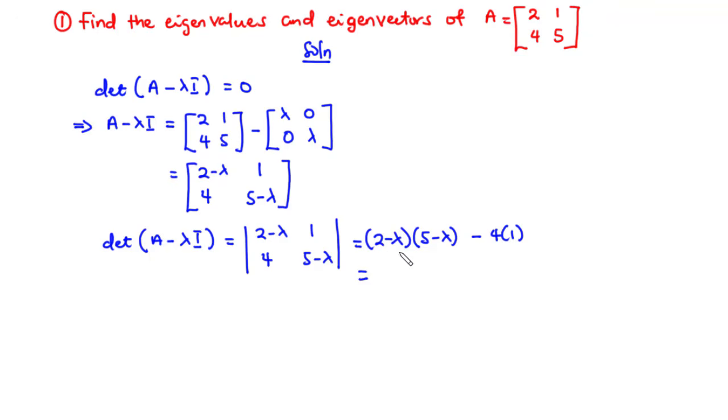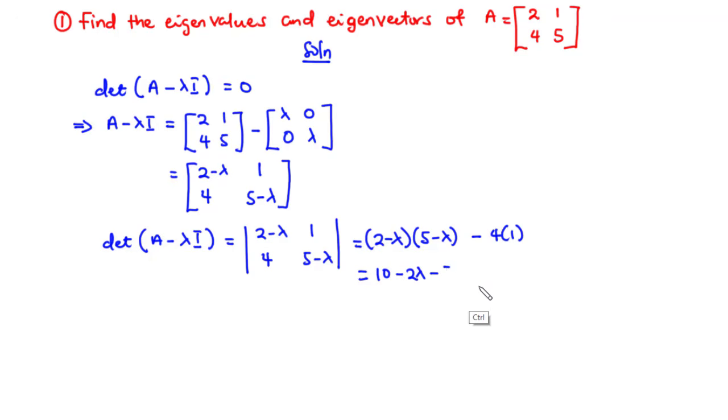Now let's multiply these two. So 2 times 5 is 10. 2 times negative lambda is negative 2 lambda. Negative lambda times 5 is negative 5 lambda. And then negative lambda times negative lambda is plus lambda square. Now we have negative 2, negative 5.